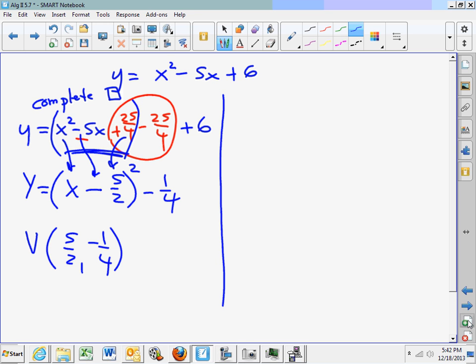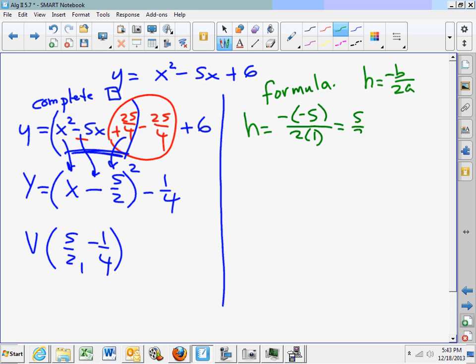Now, method number 2. I'm going to call this the formula method. Okay, we know that h equals negative b over 2a. So, in this case, h will be the opposite of negative 5 over 2 times 1, which is 5 halves.